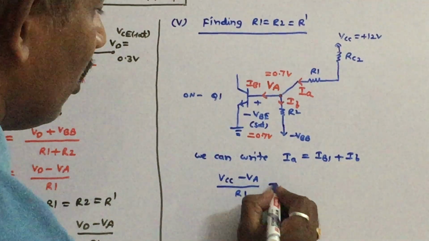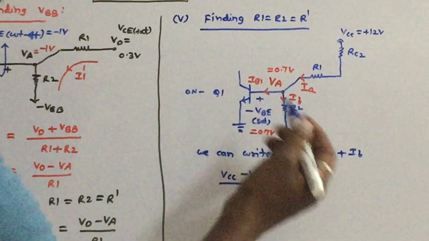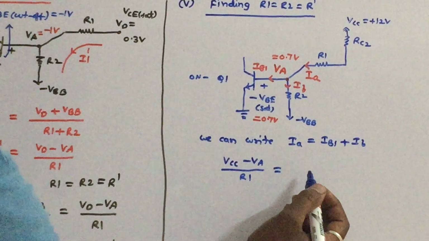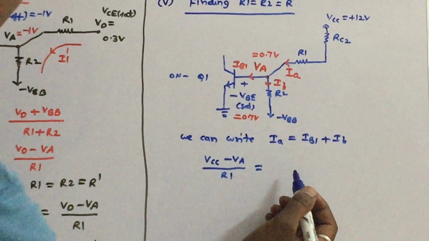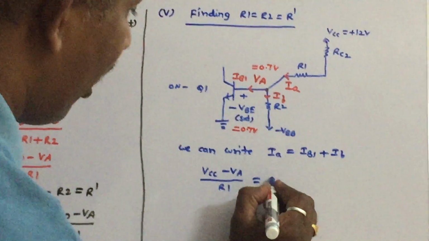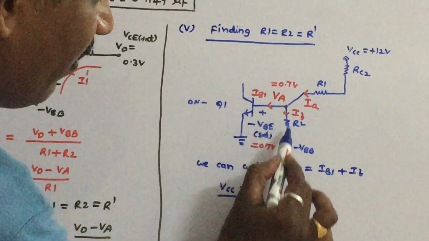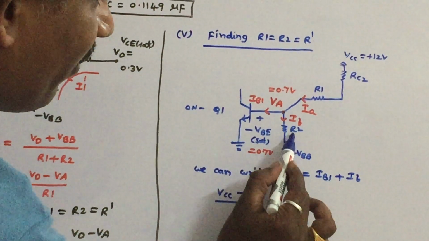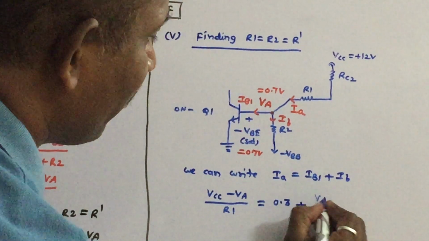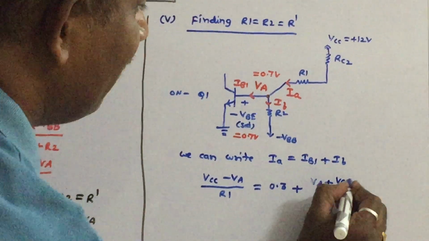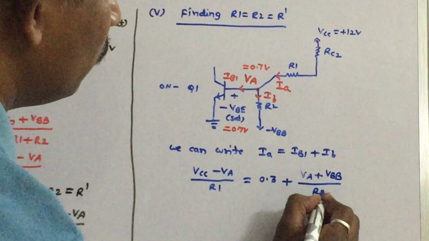So this is the IA. What is IB1? Since both are identical transistors, IB2 we have calculated as 0.3, so IB1 is also 0.3. And what is IB? IB in this branch is (VA plus VBB) by R2.